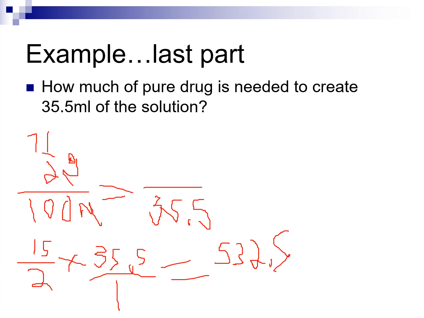We're multiplying just straight across, remember. So I got 532.5 divided by 2, which is going to give me 266.25.